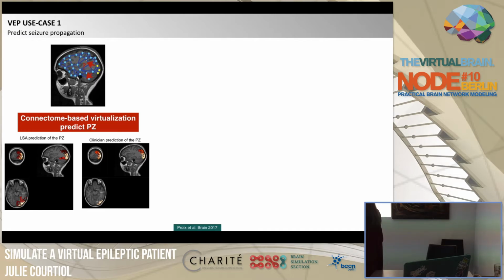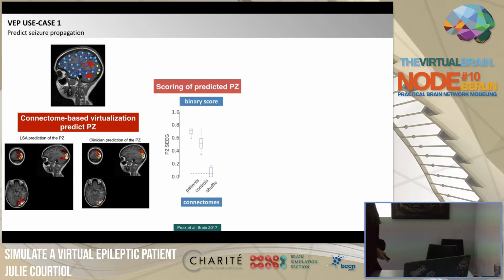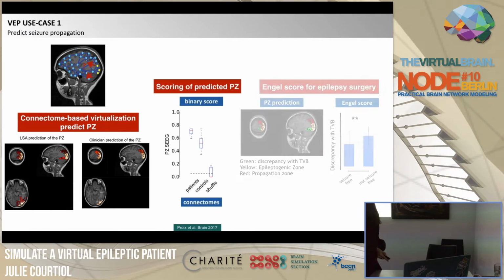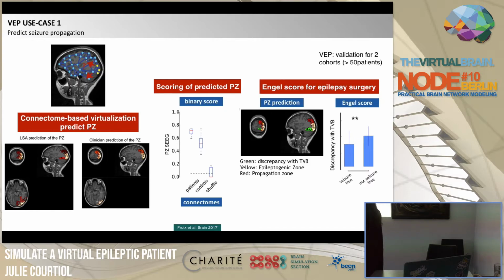So the LSA found other regions in the propagation zone. They validated this study: the first study was done with 15 patients and they extended it to 50 patients.